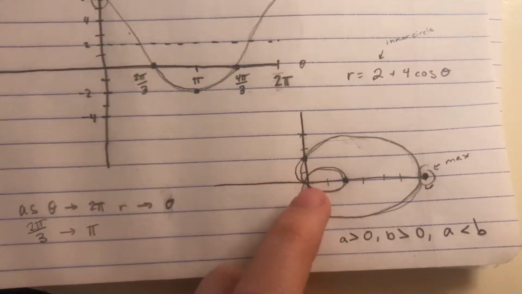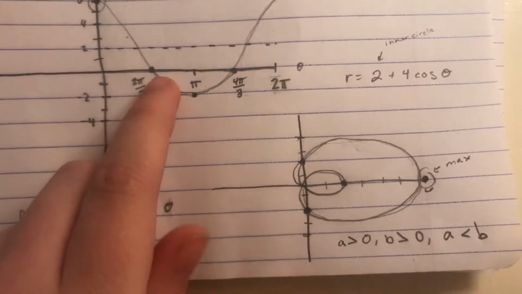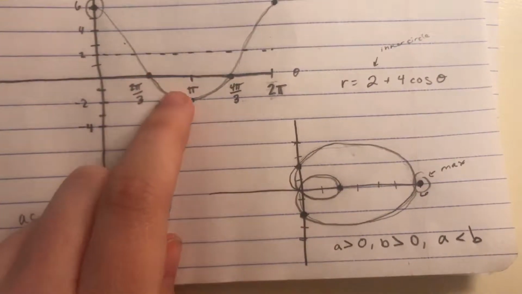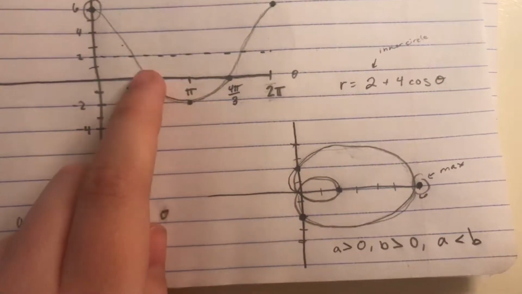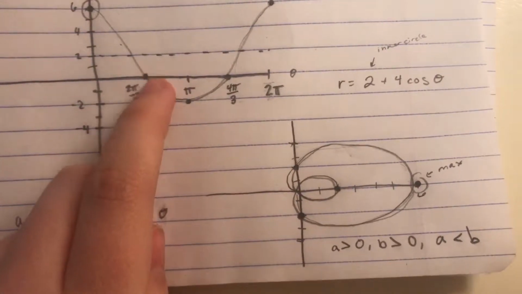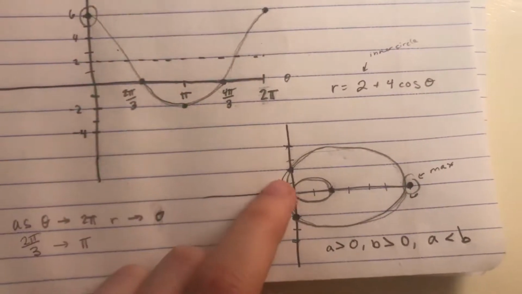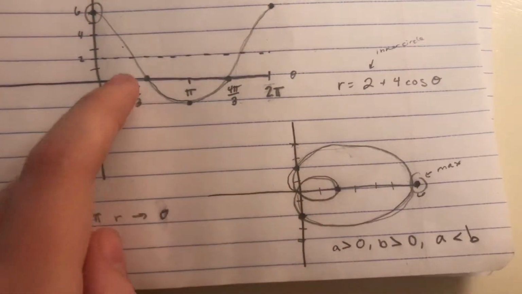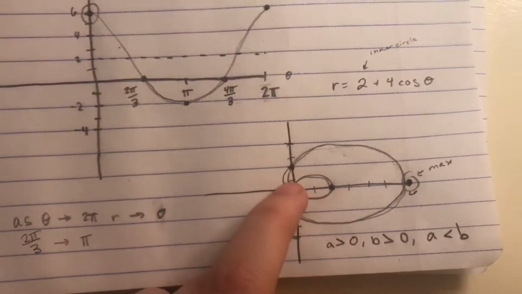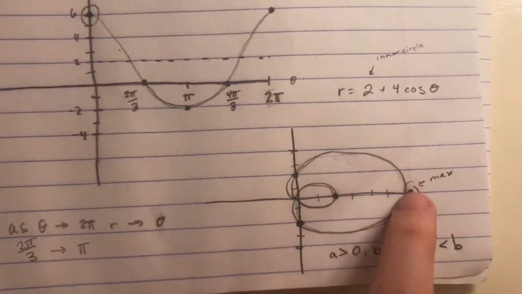And then we kind of have, as this decreases here, 2 pi over 3, this approaches pi, it decreases, so then we kind of come back around here.